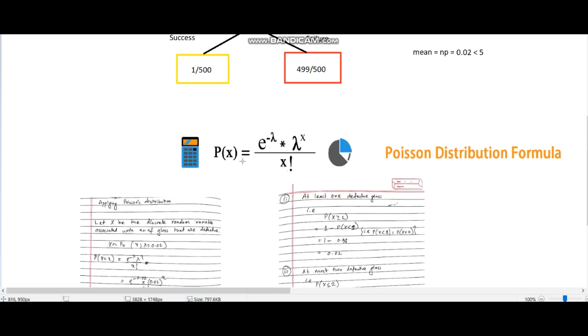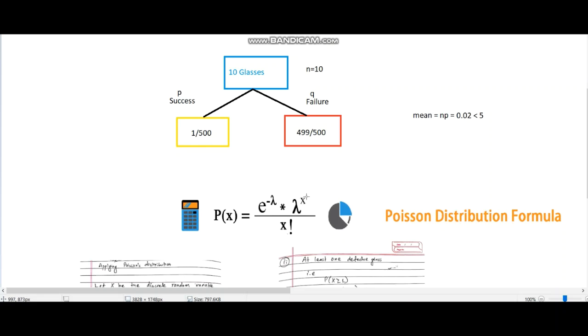If you look at the Poisson distribution formula, you get e to the power minus lambda into lambda to the power x on the numerator, and on the denominator we have x factorial. This lambda is nothing but the mean that you are getting here, which will be 0.02, and this x will be the discrete random variable associated with the number of glasses that are defective. So this is related to success.